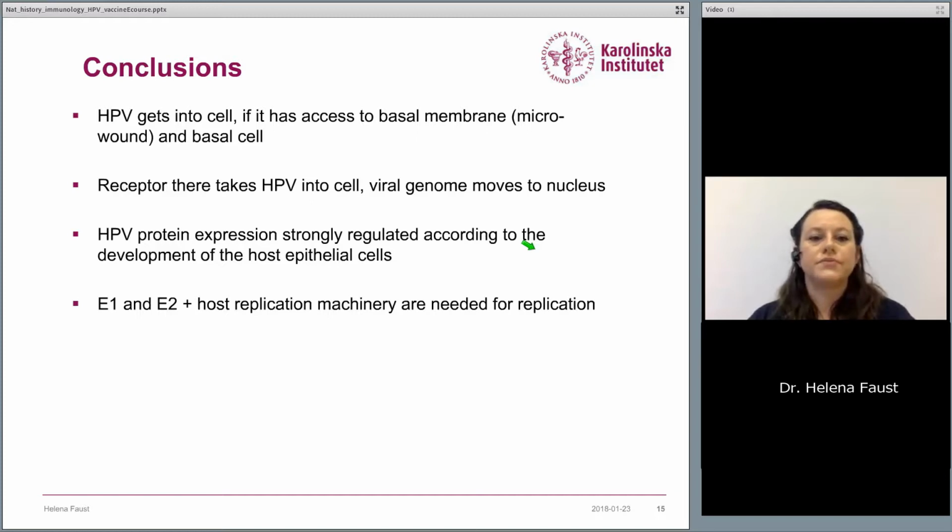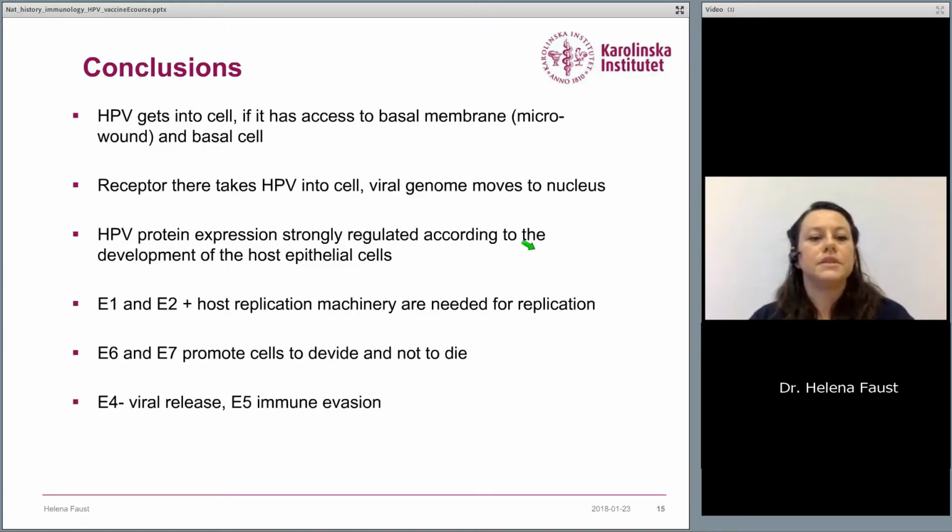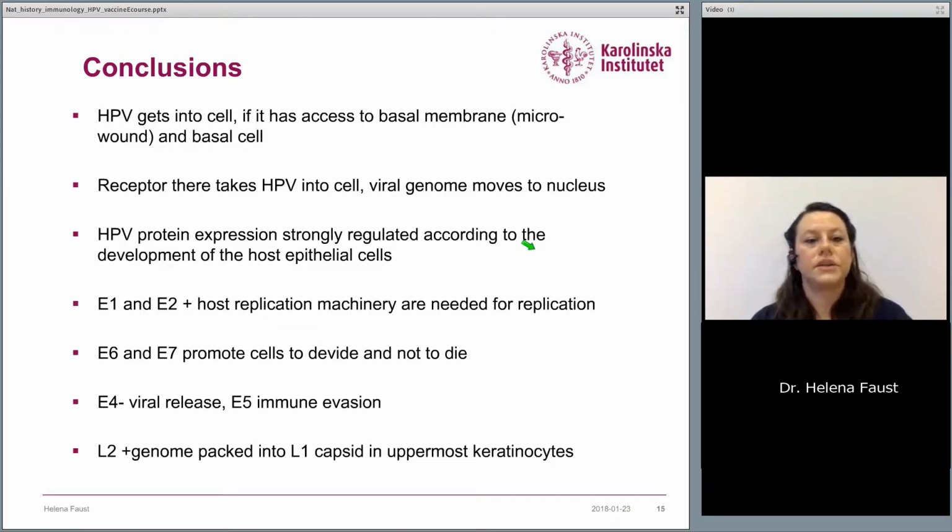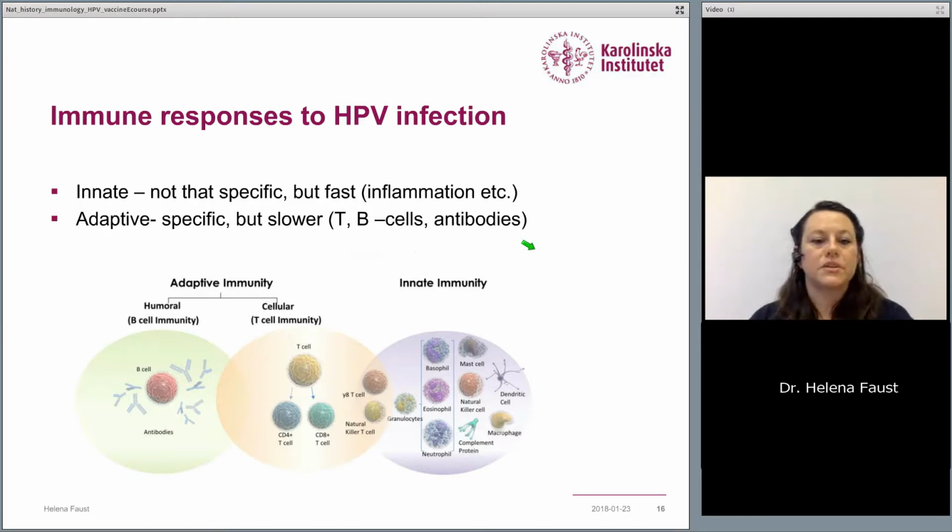E1 and E2 plus the host's own replication machinery are needed for HPV replication. E6 and E7 promote cells to divide and not to die. E4 is needed for viral release, E5 for immune evasion. L2 in complex with the genome will be packed into L1 capsids in the uppermost keratinocytes.